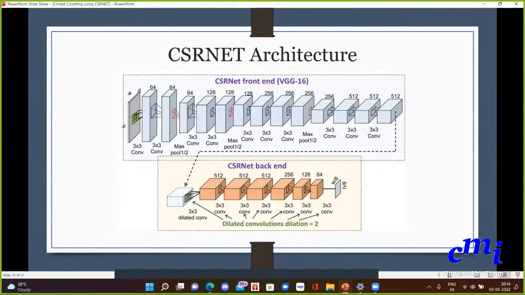As we have already discussed, the front end of the CSRNet is a part taken from VGG16, and here there are 13 layers, and the backend is dilated CNNs with a dilation of 2, and if the input is H and W, the output density map would be W by 8 and H by 8.